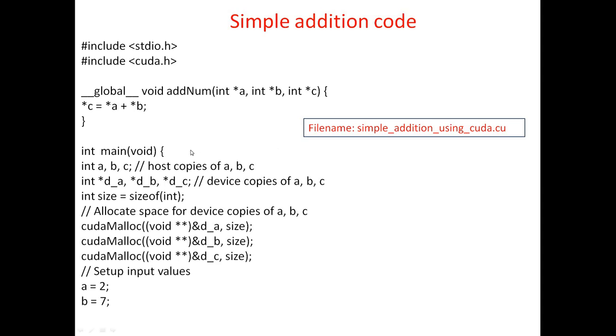From the past videos, you know that the stdio.h library is required, and the cuda.h library is required. Here the global function, also called a global function, is the GPU kernel function, that is addNum. Then A, B, C pointers are being passed.